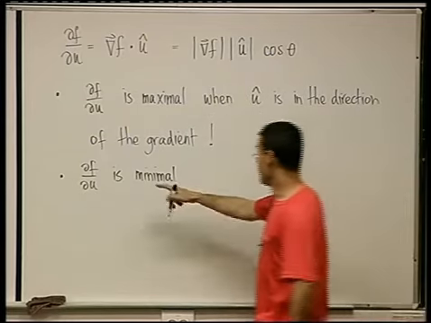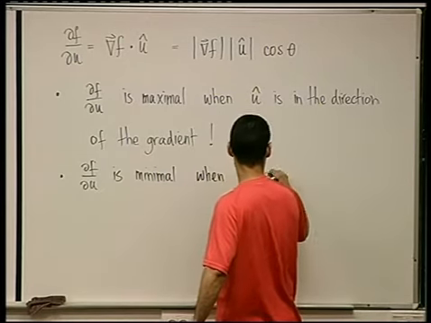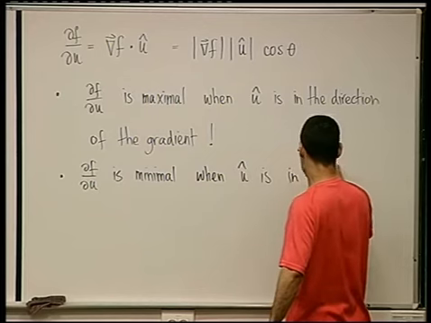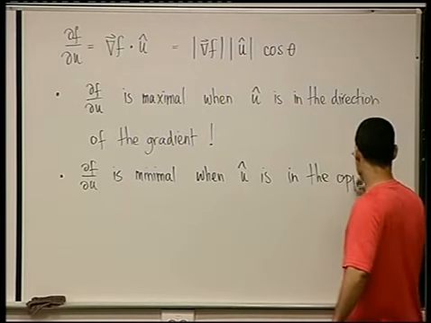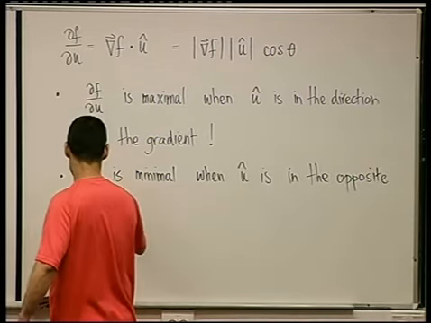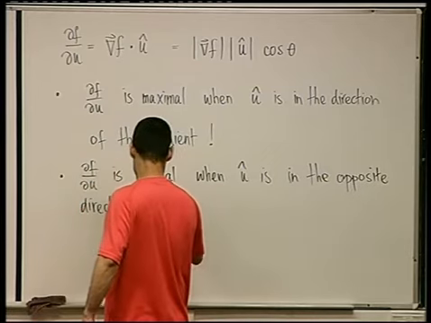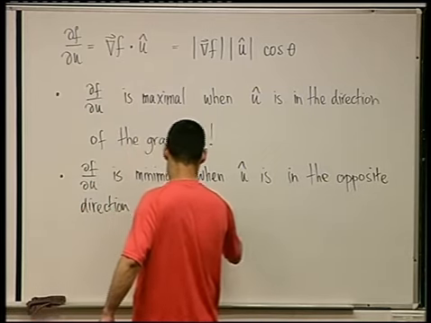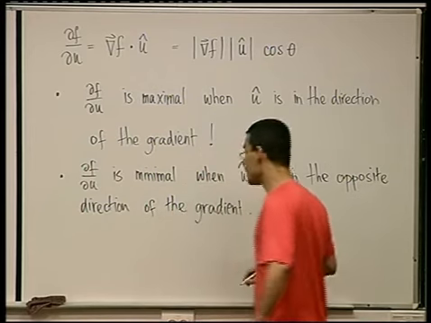So df/du is minimal when u is in the opposite direction of the gradient. Clear?